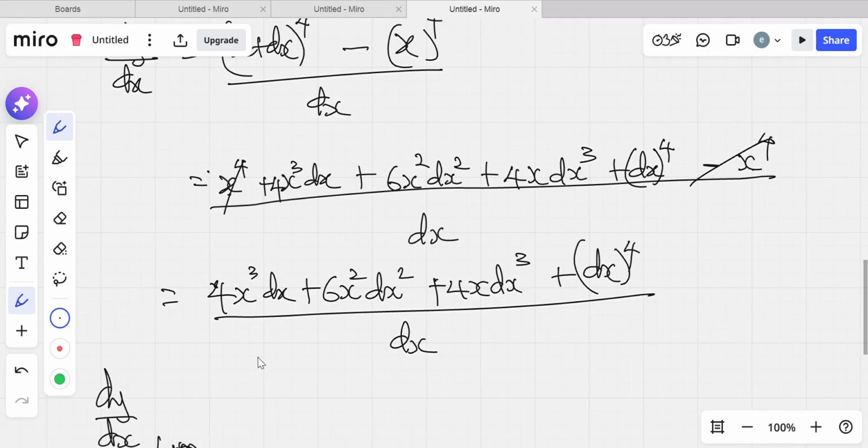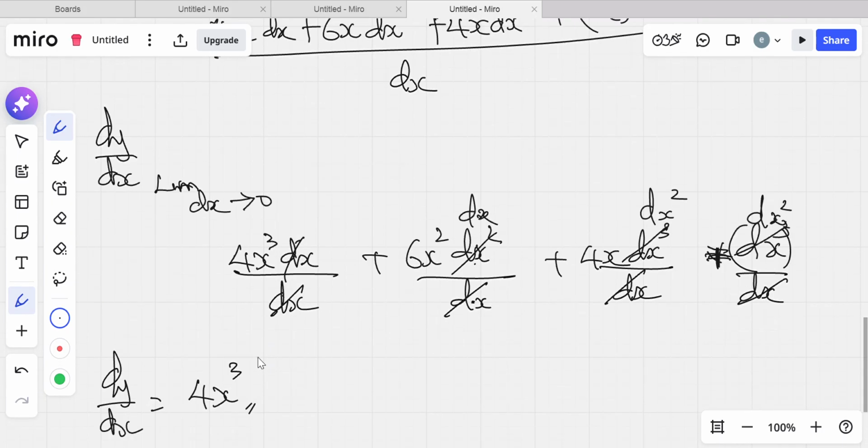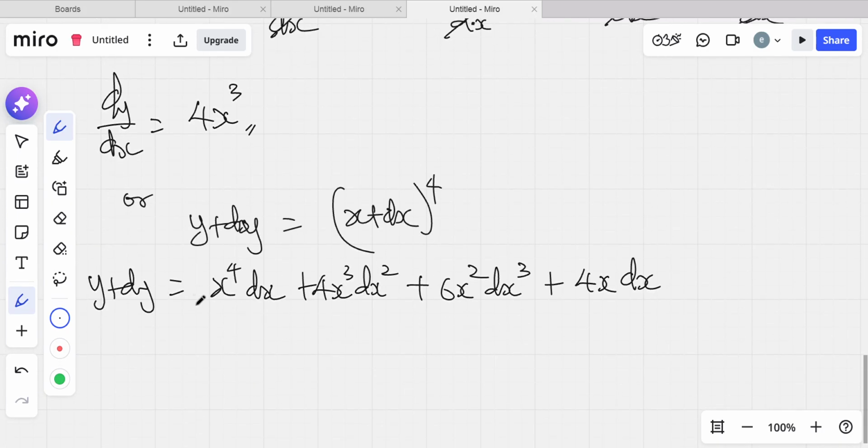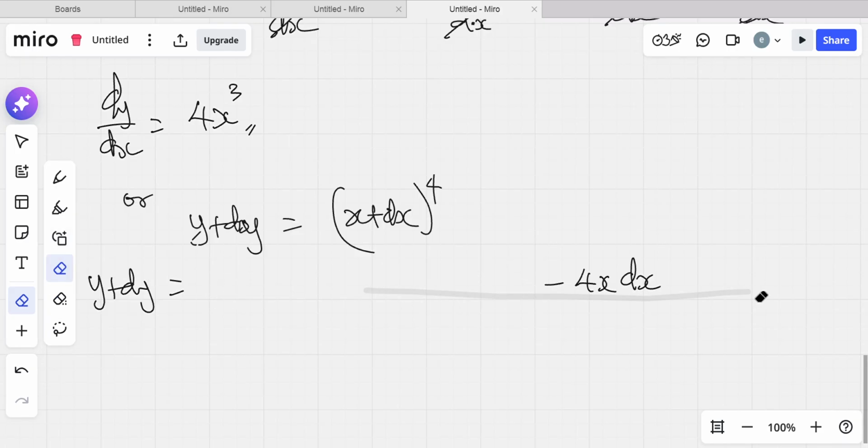So this is what we are going to be carrying, x plus dx. Okay, so this is where the mistake came from. This is where the mistake came from. Because they must be the same.